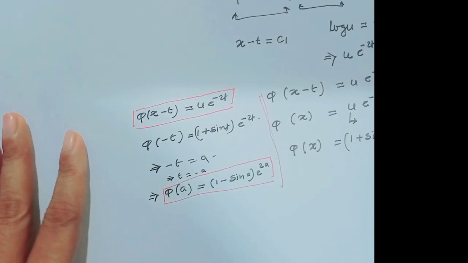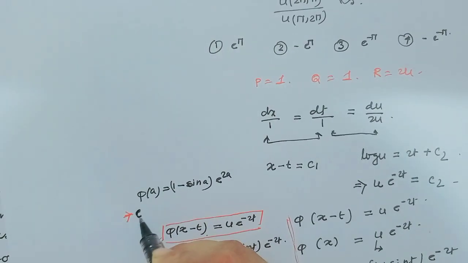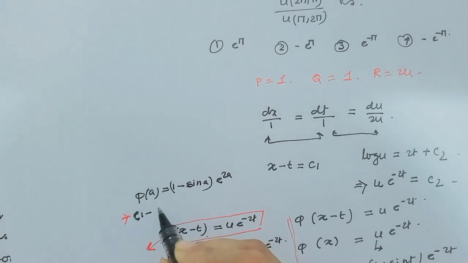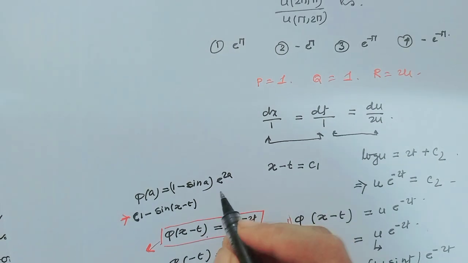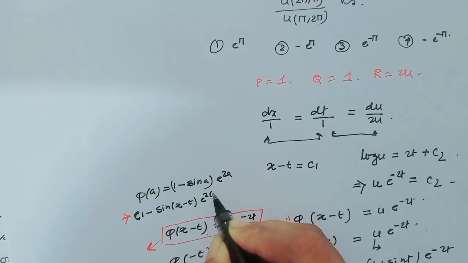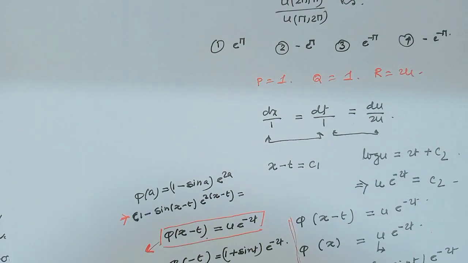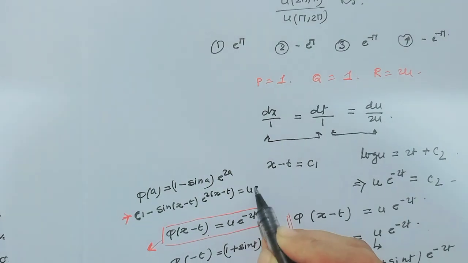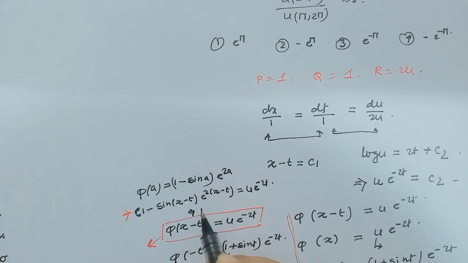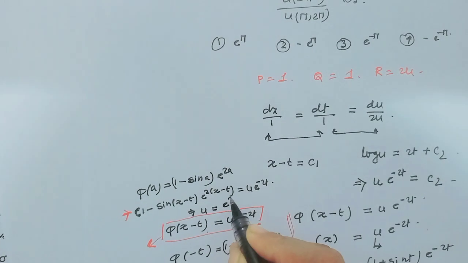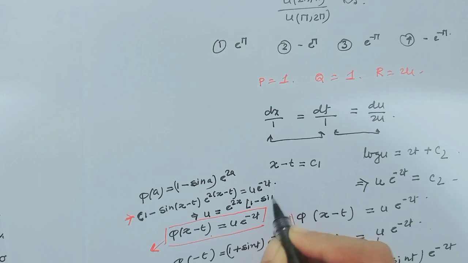Now put the value, then that implies 1 minus sin(x minus t) times e to the power 2 times (x minus t) equal to u e to the power minus 2t, and that implies u is equal to e to the power 2x times (1 minus sin(x minus t)).